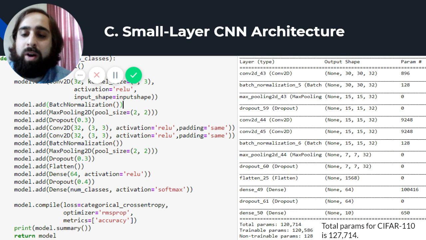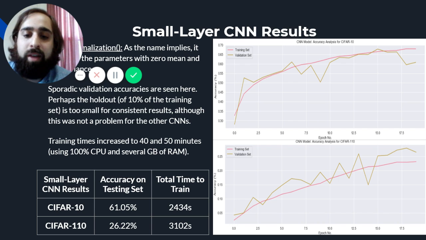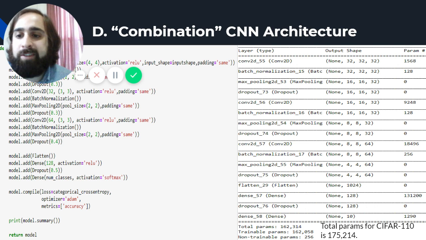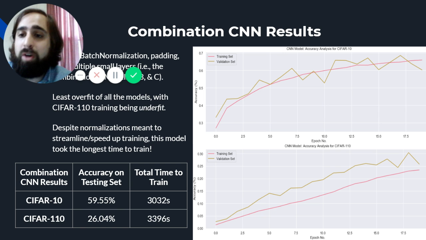Because the previous one took a very long time, I thought that having smaller layers would mean smaller connections, meaning a faster training time. And surprise, surprise, it took 40 and 50 minutes for these trainings to complete. After combining everything, pooling layers, multiple small convolutional layers, that actually turned out to be the longest.